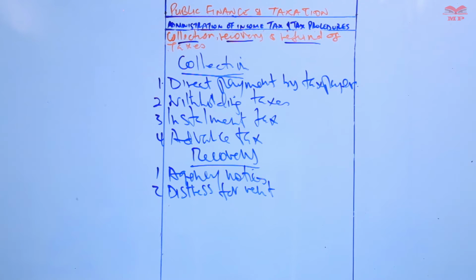Remember, we say that KRA can issue demand notices to the individuals or companies that have defaulted, and if the taxpayer does not pay within the stipulated time in the demand notice, then there could be distress for rent. KRA can seize and sell the movable property of a taxpayer who has failed to pay tax after demand notice.